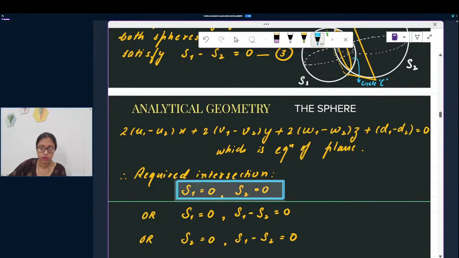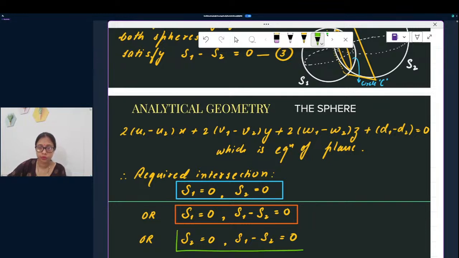These are our three possibilities. All three are representing the same circle, circle C. Right?